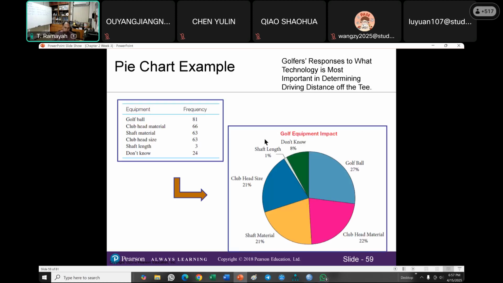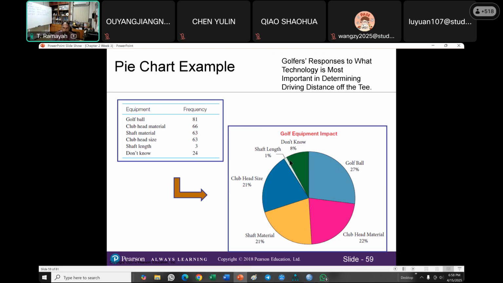Here we have 6 classes: golf ball, club head material, shaft material, club head size, and so on. After we take the total, we take the first category, 81, divided by the total, and we get the bigger slice, like here for golf ball. Whereas here, 3 divided by the total gives a very small slice.